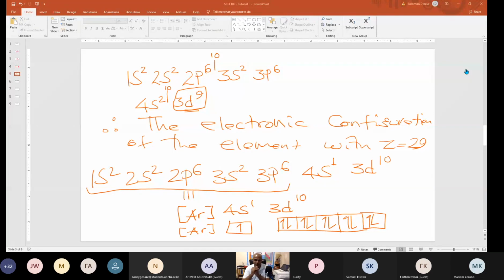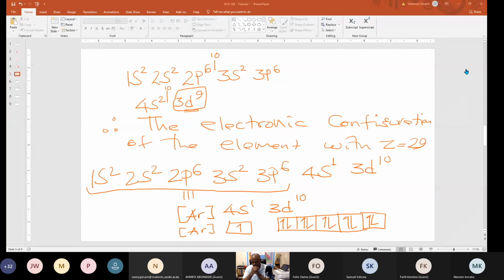Sir, I have a question. For example, if you're told to write an electron configuration of an element, and when writing it you find that the d does not reach half or full, maybe it is d3.